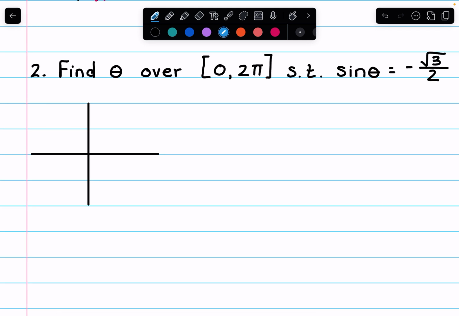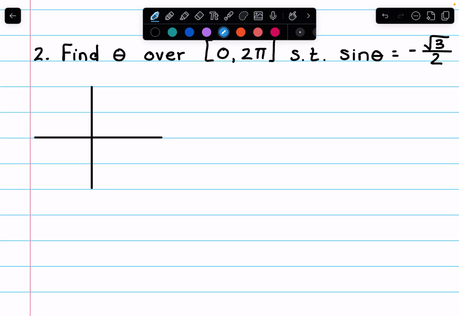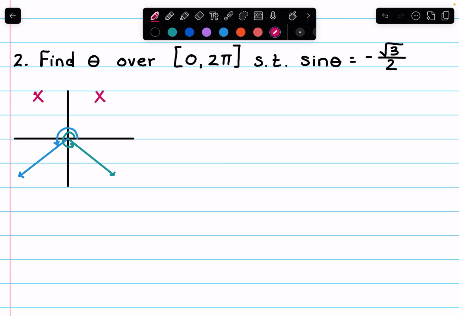If sine is negative, it has to be here. And here. So I'm looking for this angle and the blue one, that angle. It can't be here and here because sine is positive there and there, right?